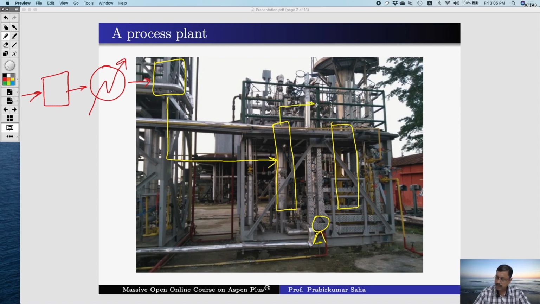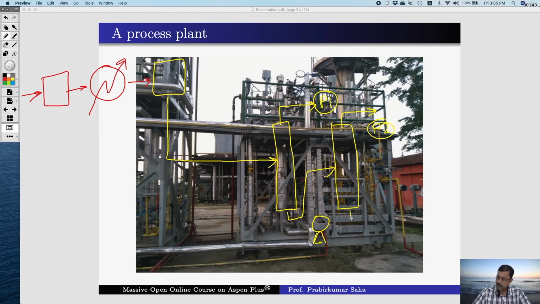Here the distillate is the product of this unit, P1, and the bottom stream of distillation column 1 is fed into the second distillation column where the distillate is product number 2 of this unit.